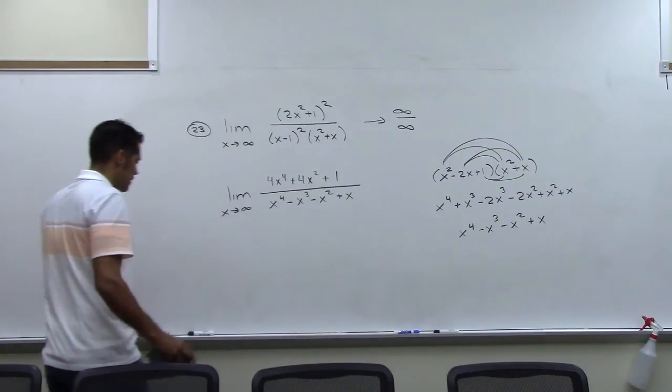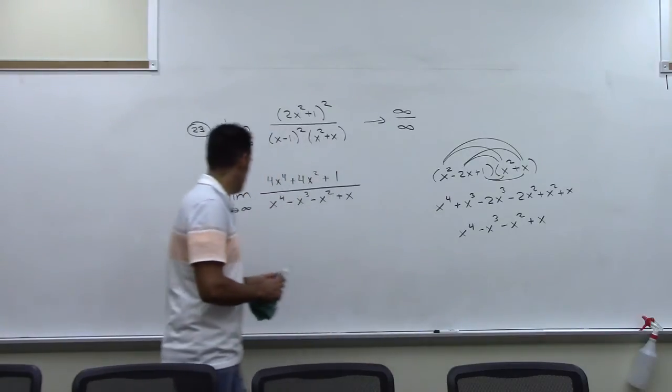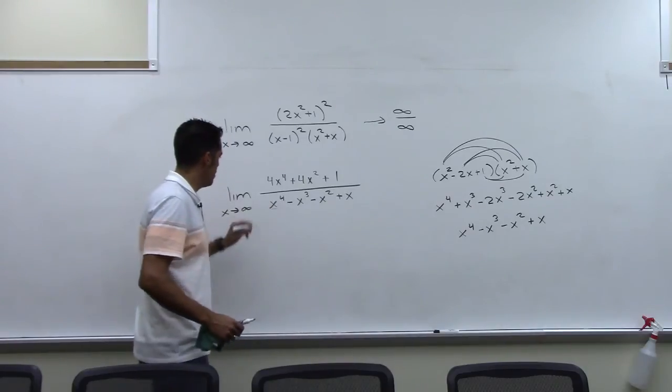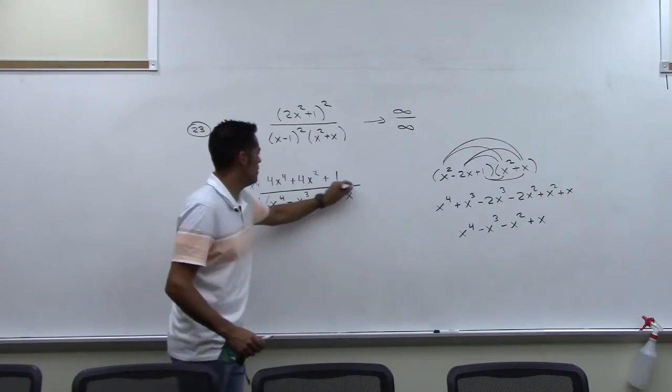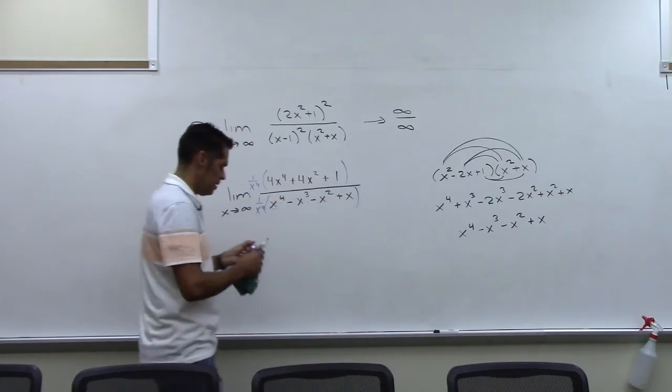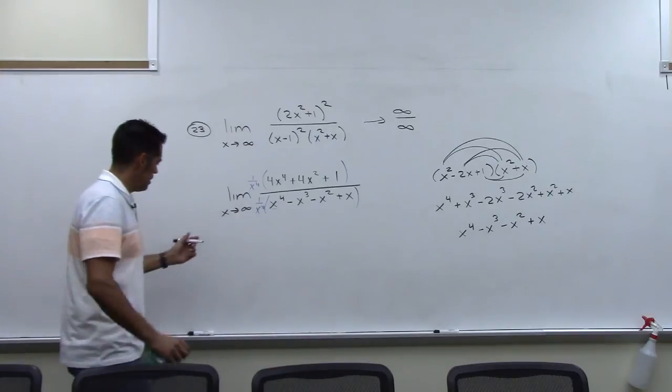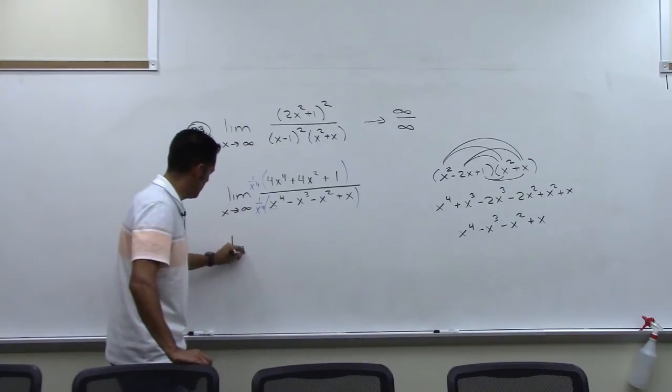And now I identify the highest power of x that I see in the denominator, which is x to the fourth, and I come in here with a 1 over x to the fourth and a 1 over x to the fourth, and I will pass that through to each of those. So this is kind of a trick that we're doing here.